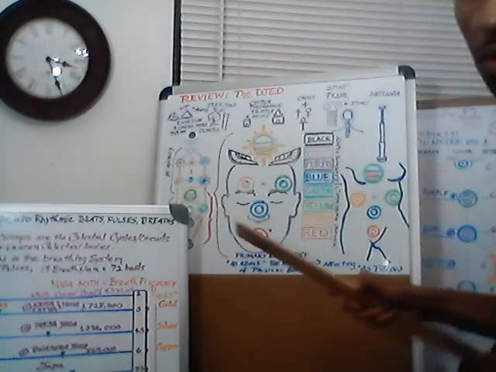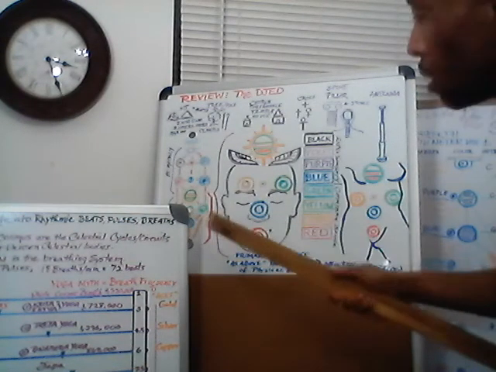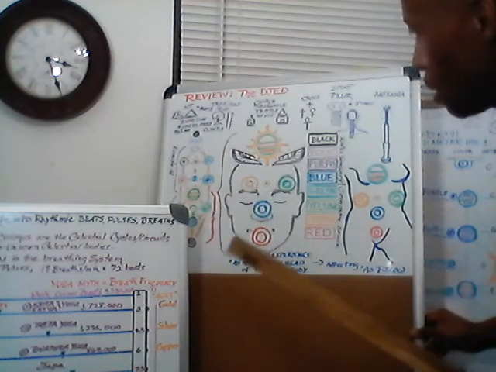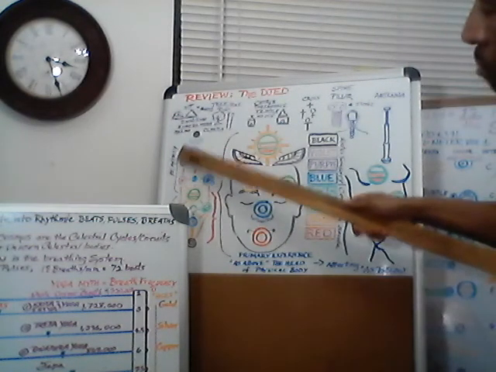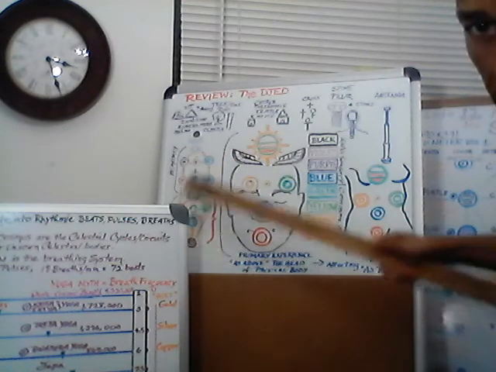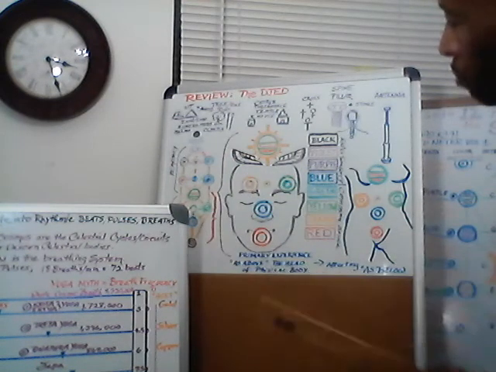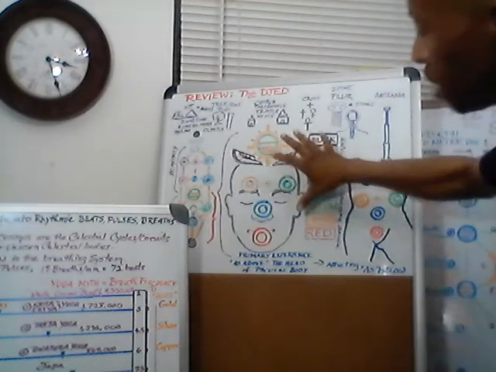In this diagram, I have the Tree of Life on this side, and it is represented by having a heavenly section and then an earthly section here. At the bottom, you may be able to see the red section that corresponds to the head.